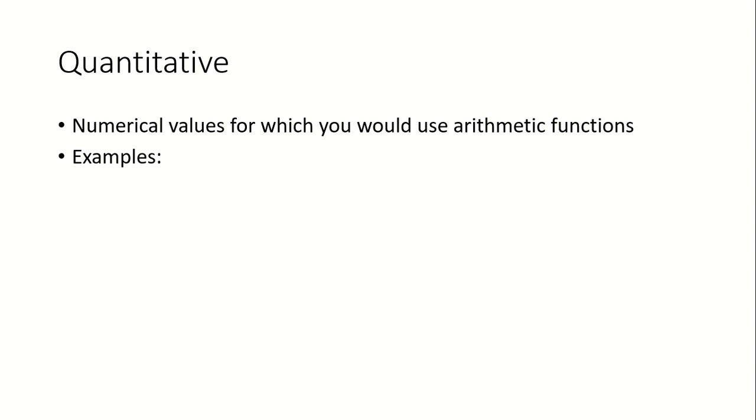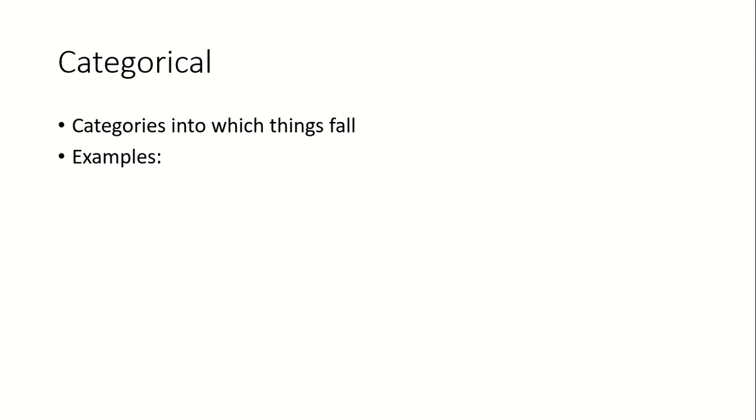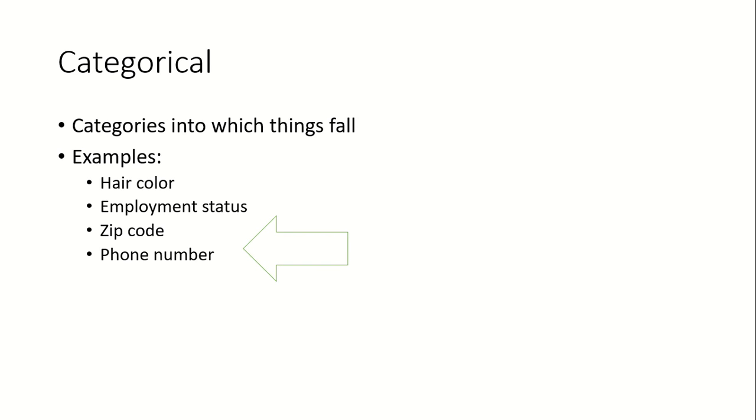Quantitative data is numerical values for which you would use arithmetic functions, such as height and weight. Categorical includes categories into which things fall. So an important thing to understand is that while all of these are examples, zip code and phone number are numbers. So it's very important to understand why we use them for categorical instead of quantitative. The reason why is you wouldn't do anything arithmetic with zip code or phone number.